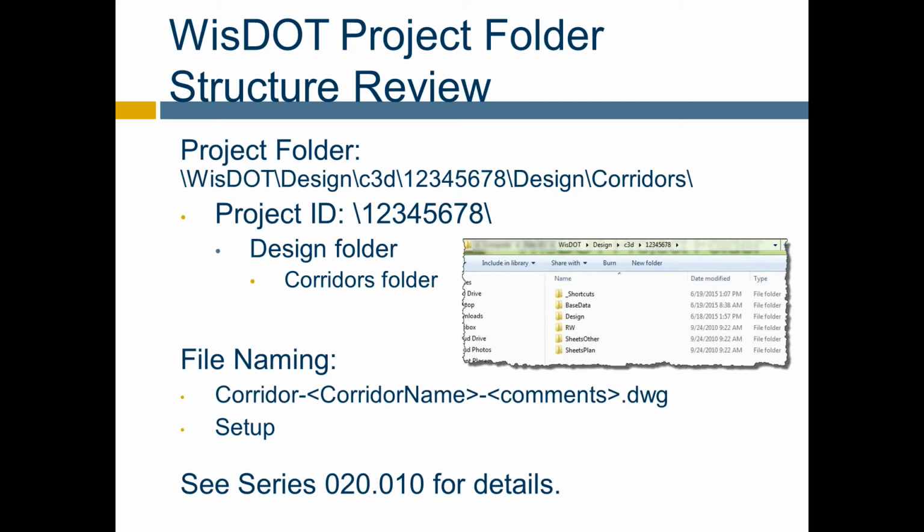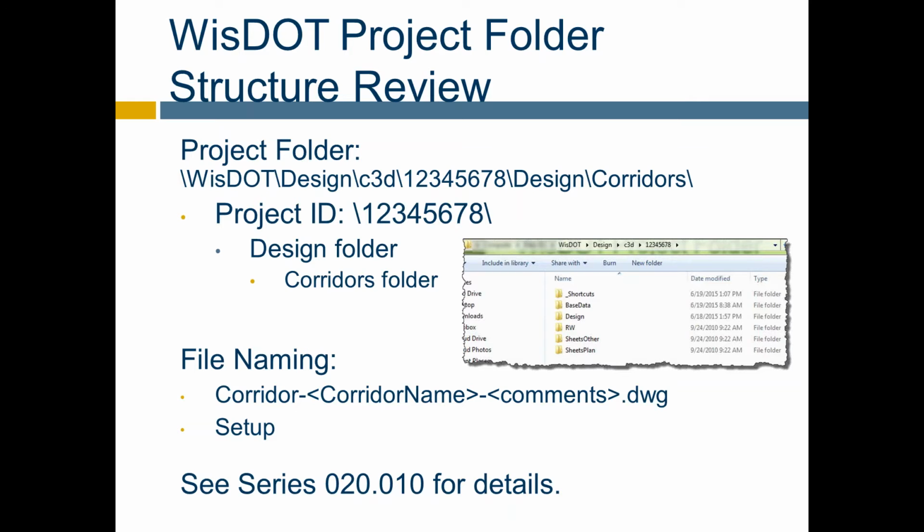Briefly, this is the WisDOT project folder structure. You have the project ID, project number, and you have a design folder and a corridors folder. That is what I will be using today. There's an example path for the project folder above.